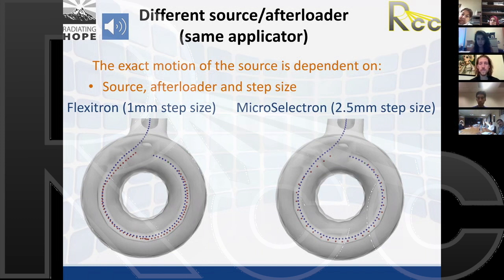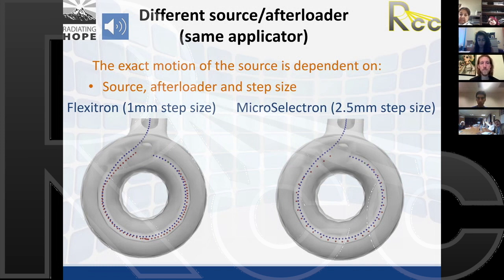You can see in the flexitron system, at the bottom of the ring, there are multiple dwell positions on top of each other, whereas in the microselectron system, the dwell positions appear to be much more uniformly spaced. So there is an impact of step size and source type that will affect how the source moves inside the ring.